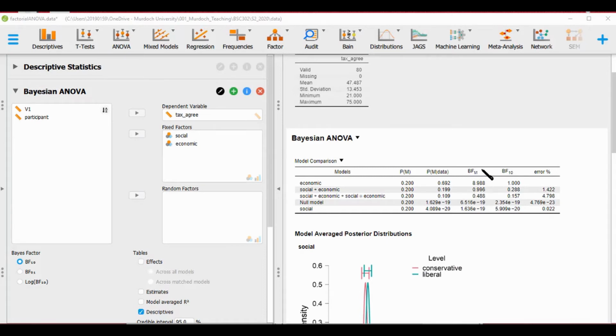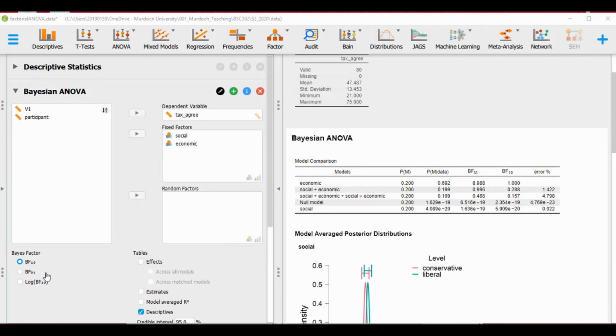So BFM is a comparison of the current model versus all the other models. Now, this is typically the column that we are more interested in. We have to take into account 2 things. First, what Bayes factor we are using, BF10 or BF01.